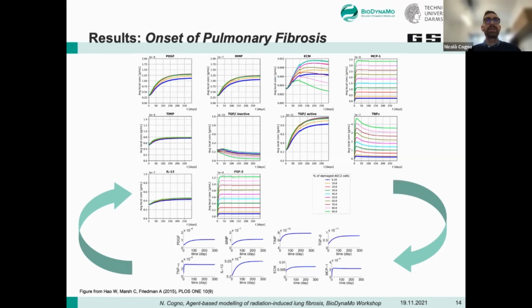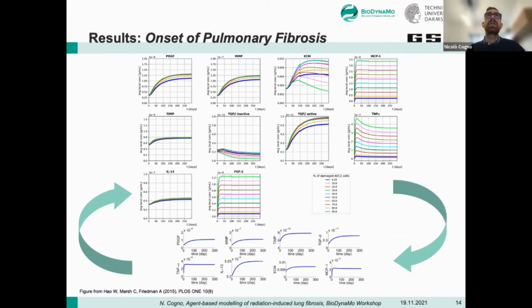The same applies for the concentration of the substances, for which we can see both qualitative and quantitative matches. Again, if we focus on the blue lines, we even added two additional extracellular mediators to make them all more realistic, which are FGF2 and the inactive state of TGF beta. It's important to notice that for damage percentages higher than 40, the AEC2 population is so depleted that it cannot sustain the fibroblast population.